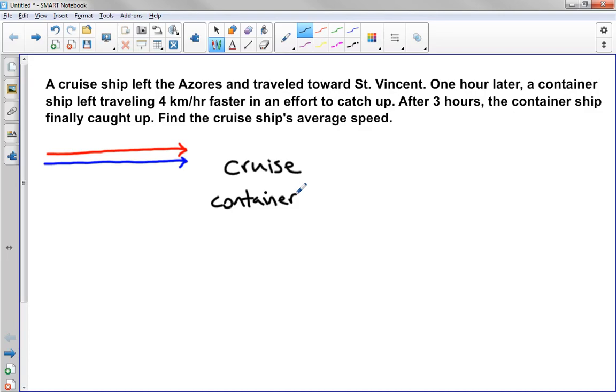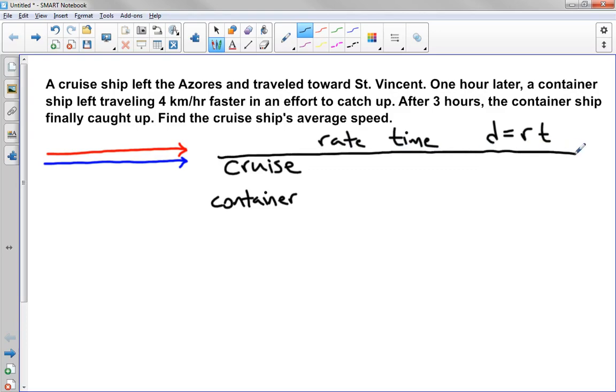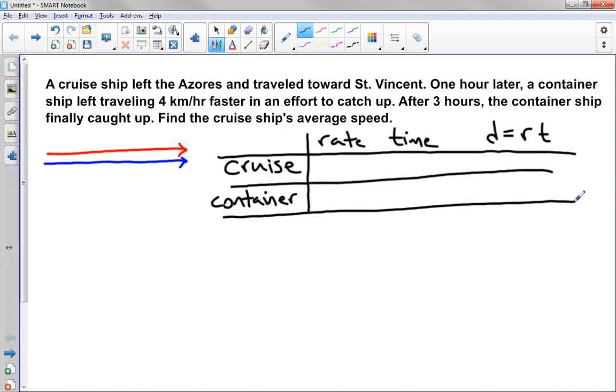So I'll form this table with rate, time, and then finally distance. And I'll emphasize that we know a relationship between distance, rate, and time: distance equals rate multiplied by time. So in this table, I'm going to have 6 spots for all of my information.